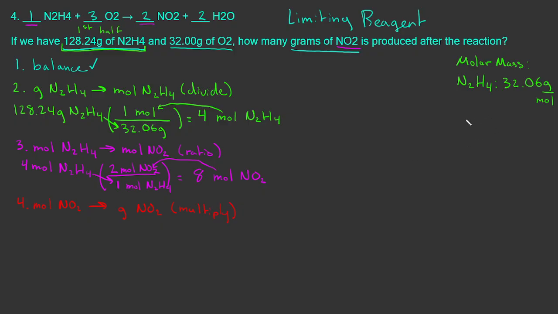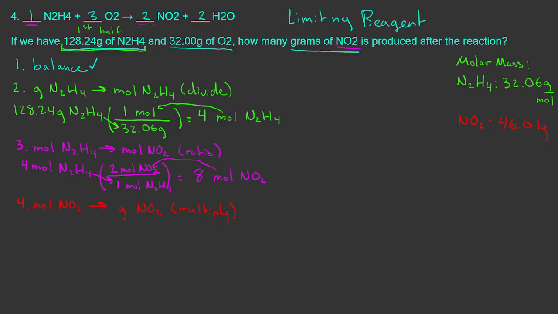And so we need to know the molar mass of NO2. Once again, I expect you to be able to do this, and this is equal to, I believe, 46.01 grams. Let me just double check with my calculator that this is correct.